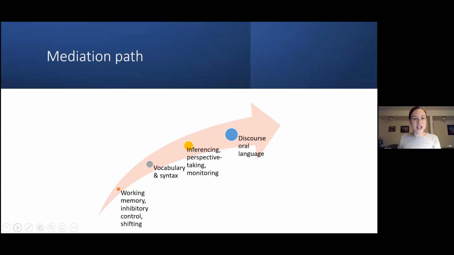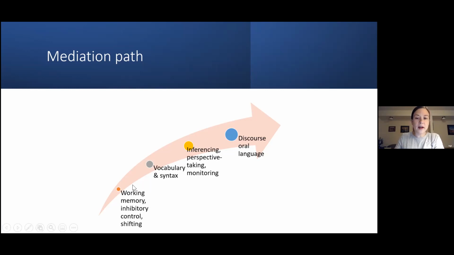I'm going to move on to mediation and try to describe as well as I can this construct of mediation. So in Kim's model, we have inferencing, perspective taking, and monitoring as mediating the influence of vocabulary and syntax on discourse level knowledge, which then predicts how students do in their written composition.